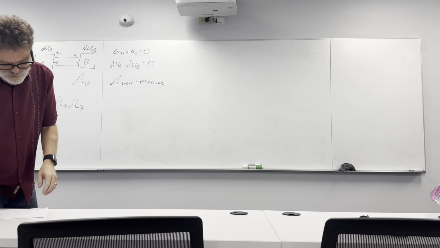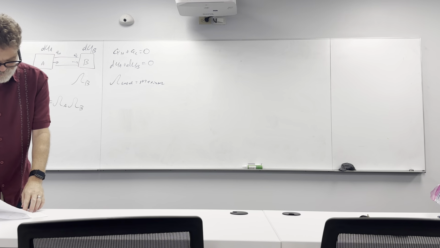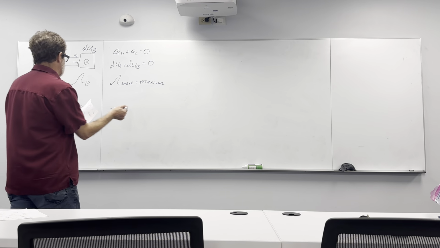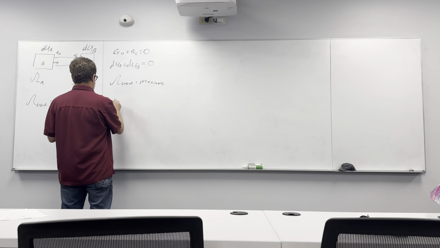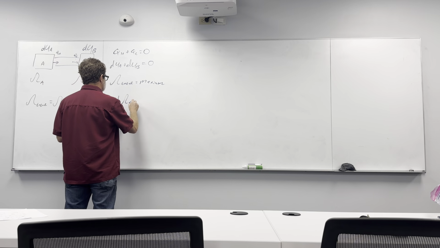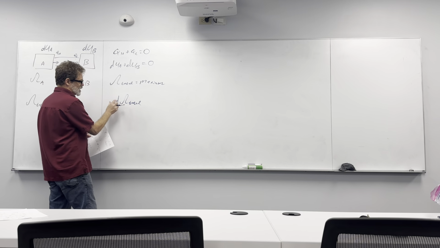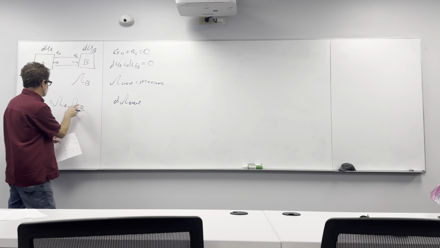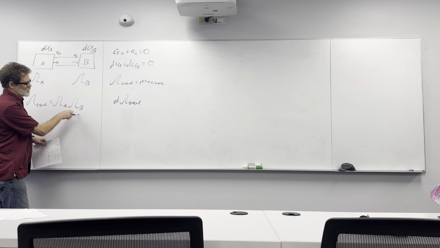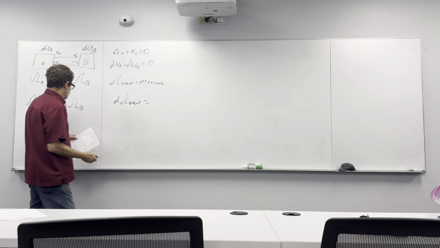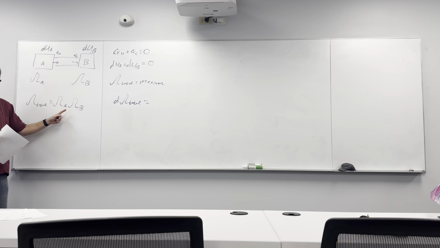So I'm going to calculate the change d sigma total, any little change in d sigma total, and it's going to depend on what sigma total is, but it's the product of these two, right? Sigma A, sigma B. Well, that's the product rule, right?